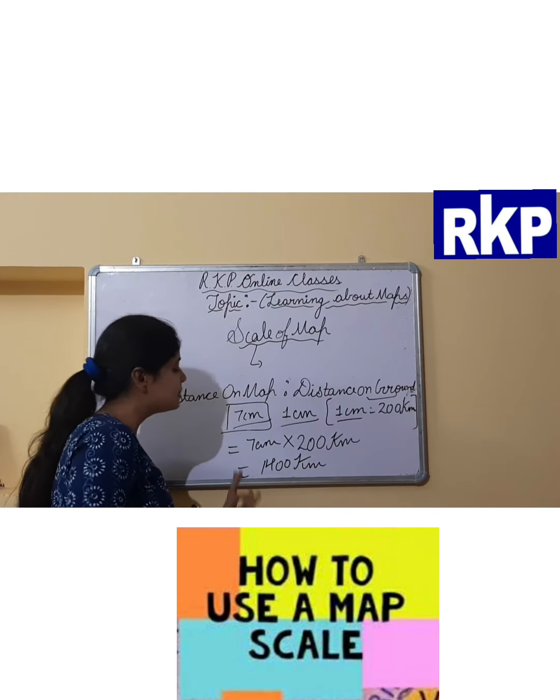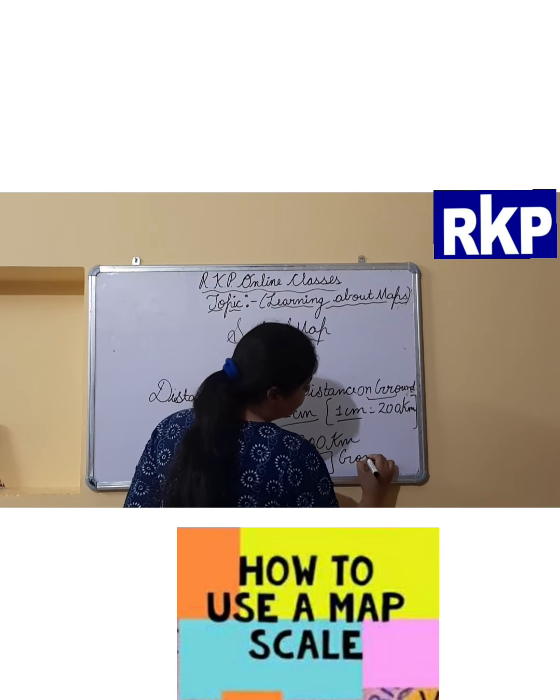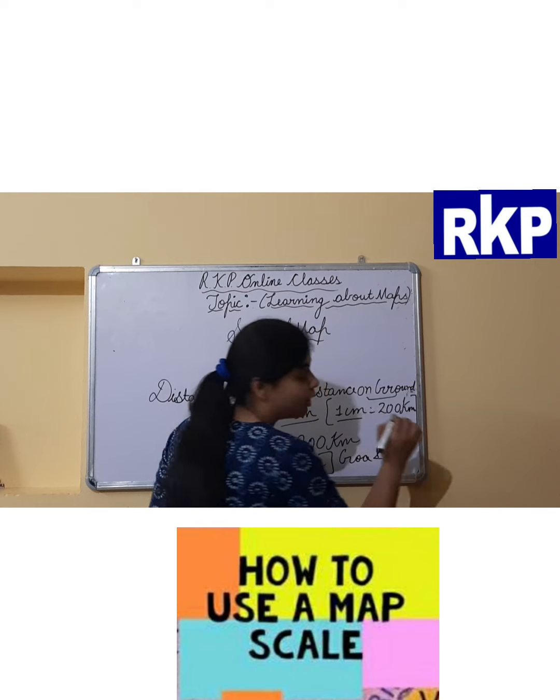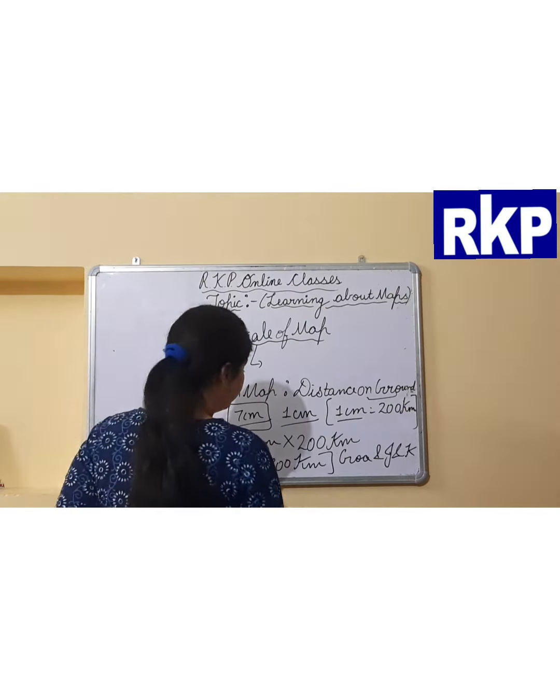That is the distance between Goa and Jammu and Kashmir. Jammu and Kashmir is not a state anymore, it's a UT now. It's 1400 kilometer.